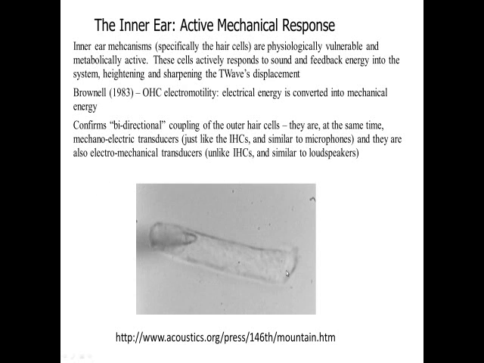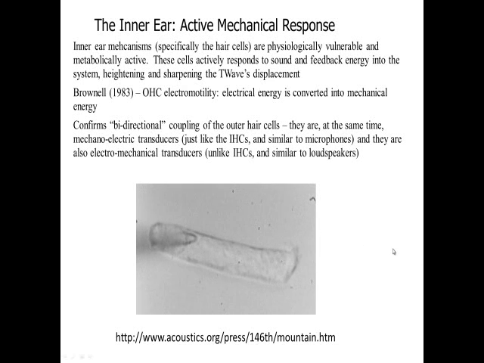So the outer hair cells are very unusual when it comes to the components of a sensory mechanism, because not only do they transform the mechanical activation produced by an environmental sound into nerve signals, and really that's what we typically think of as what a sensory system does, the outer hair cells also have the ability to receive signals from the brain or from somewhere in the central nervous system and convert that nerve energy into mechanical motion, such as we are seeing right here.